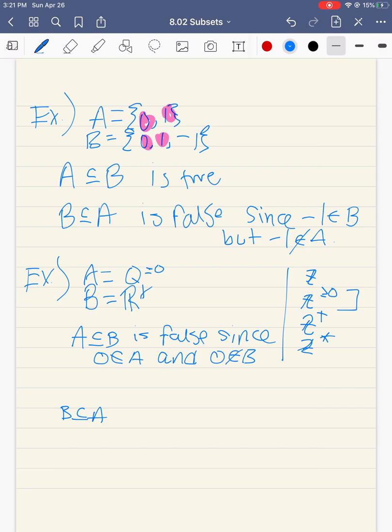But let's look at B being a subset of A. So looking at our 12 familiar sets, let's look at most restrictive to least restrictive.